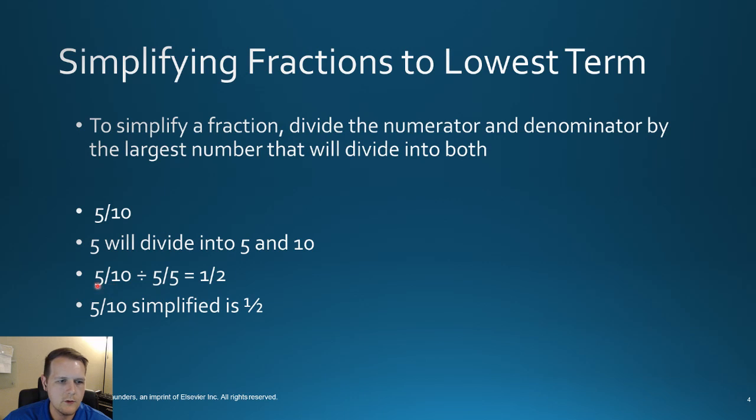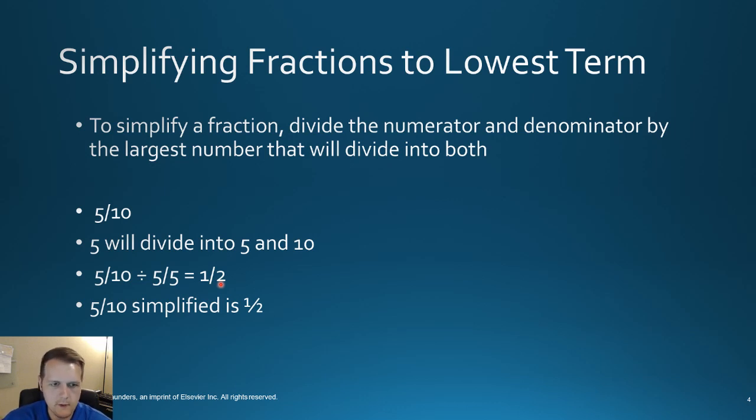So you take 5 over 10, our original fraction, and divide that by 5 over 5, because that's how we get down to a smaller value. And again, 5 over 5 is 1, so anything divided by 1 is still itself. And so it ends up turning into 1 over 2, or 1/2. Most of you can probably intuitively do this in your head, but I wanted to spell it out to make it more explicit in case anyone was curious.